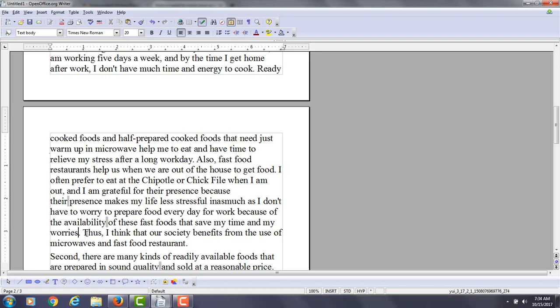And you've already said about the worry thing, so you probably don't need to worry about saying that. Thus, I think that our society benefits from the use of microwaves and fast food restaurants.